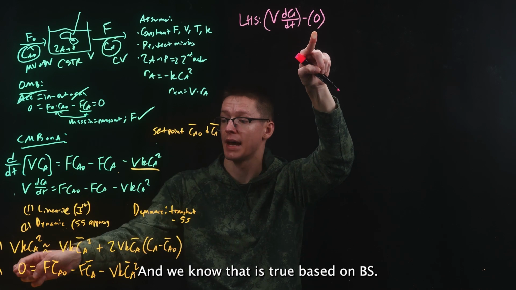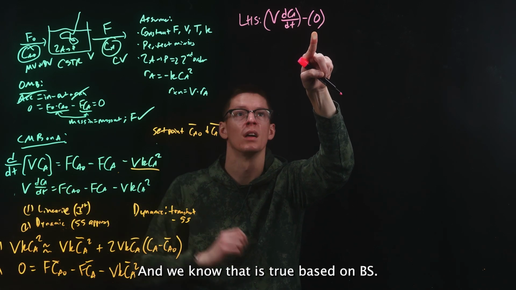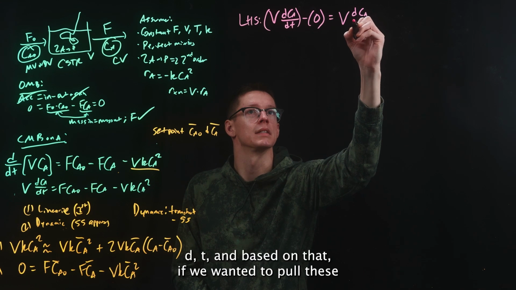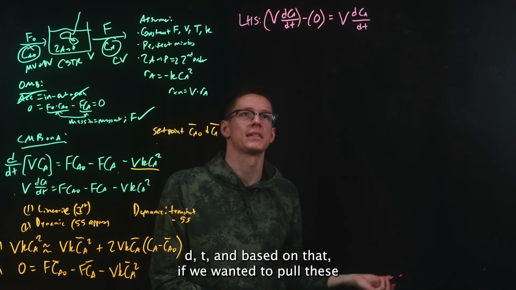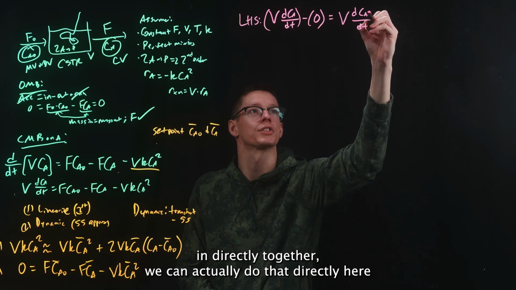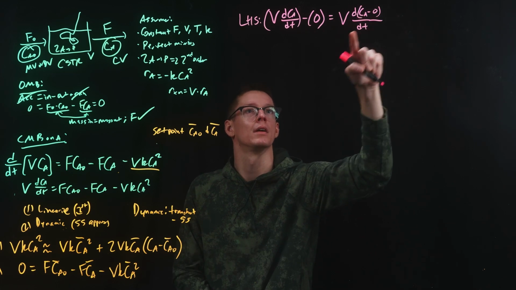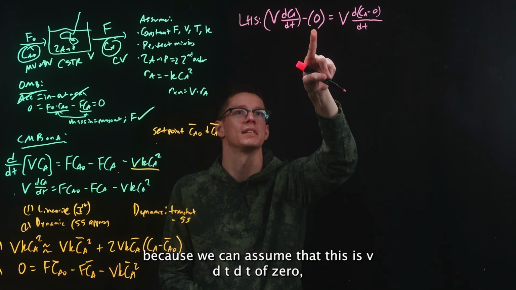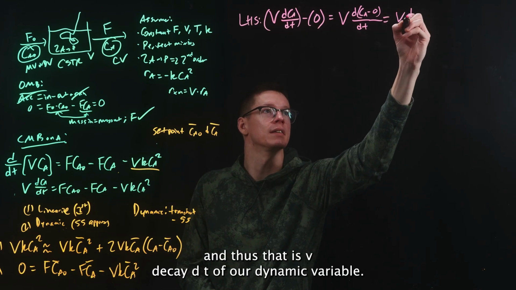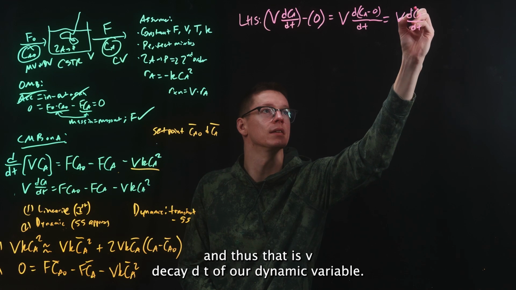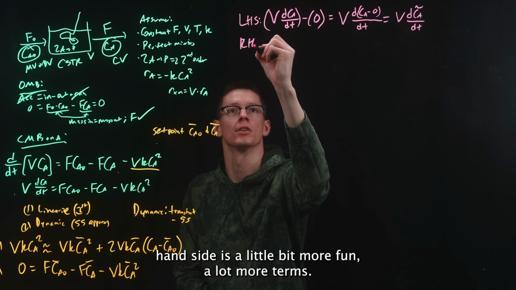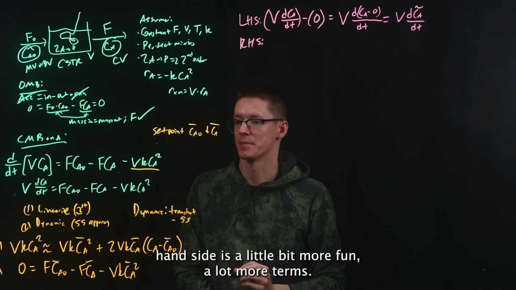And we know that is true based on these. That means this is just V dCA dt. And based on that, if we wanted to pull these in directly together, we can actually do that directly here, because we can assume that this is V dt of 0, and thus that is V dCA dt of our dynamic variable.